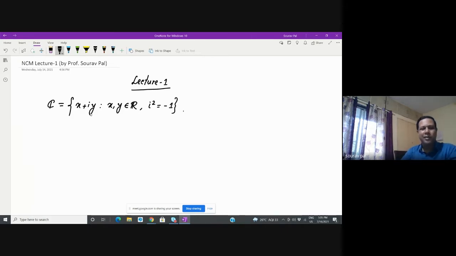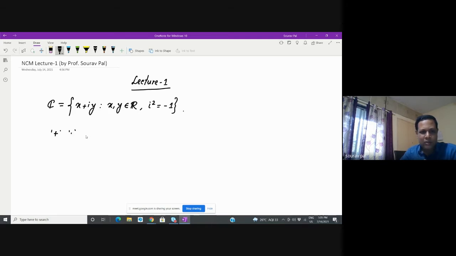Now, if you just look at it as a set, what to do with it? Given a set, meaning a collection of objects, you cannot do anything with it unless you have some structure on that set. For example, on the set of complex numbers, we all know that there are two algebraic operations defined: one is plus and another is dot.